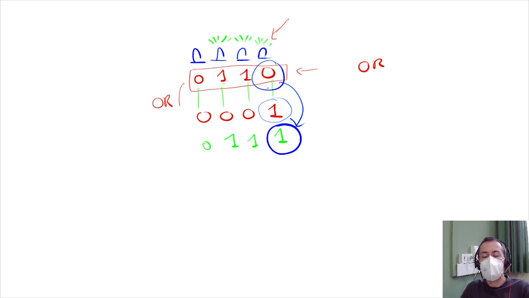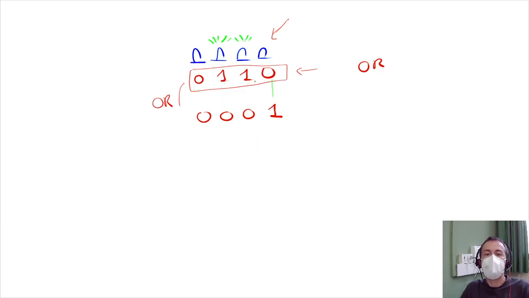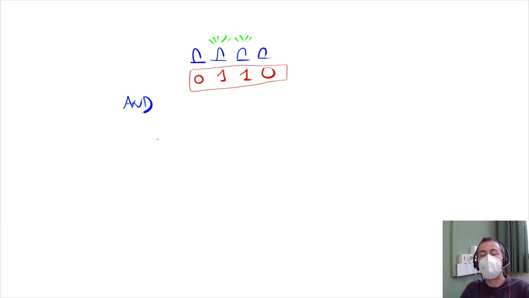What do we do if we want to turn a flag off? In this case, we can use another Boolean operator, the AND operator. The table of an AND operator will be 1 only if both values are 1.